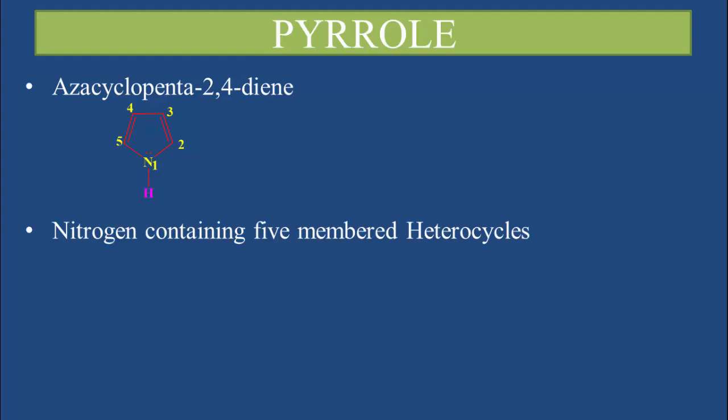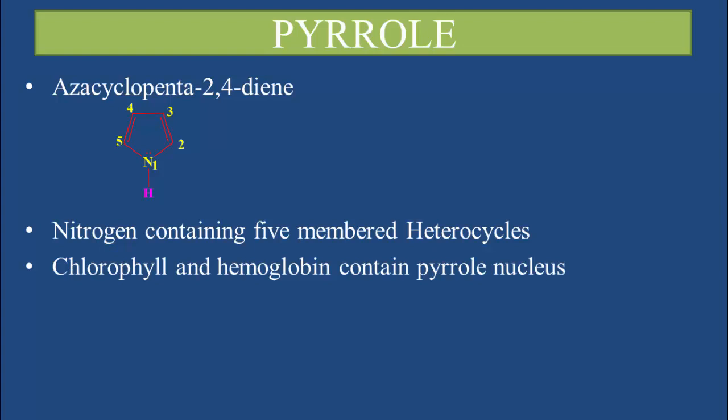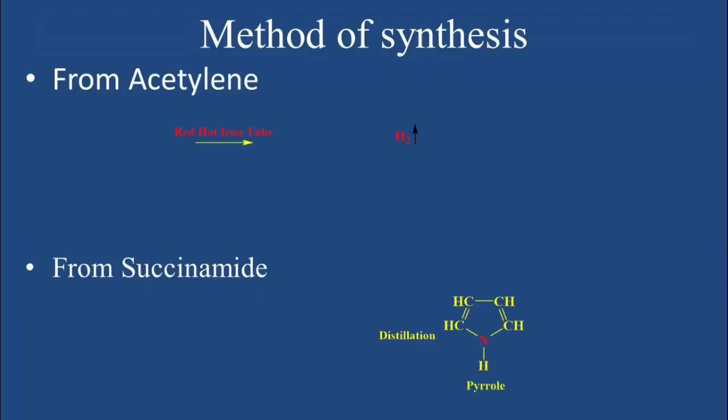It is a nitrogen containing 5-membered heterocycle. Pyrrole is present in important natural products and biochemicals, that is chlorophyll, hemoglobin. Hemoglobin contains pyrrole as a nucleus. It occurs in coal tar and bone oil.